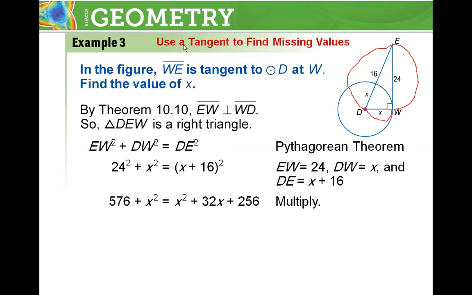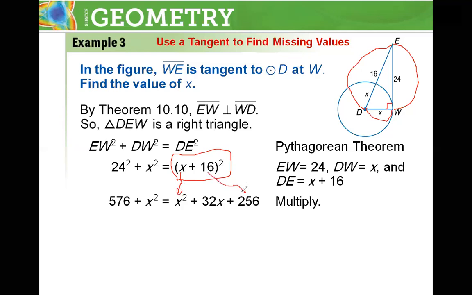If you have a bracket all power 2, we expand it this way. X power 2 and 16 power 2 equals 256. What about this number? First times second times 2. It means X times 16 times 2, which equals 32x.